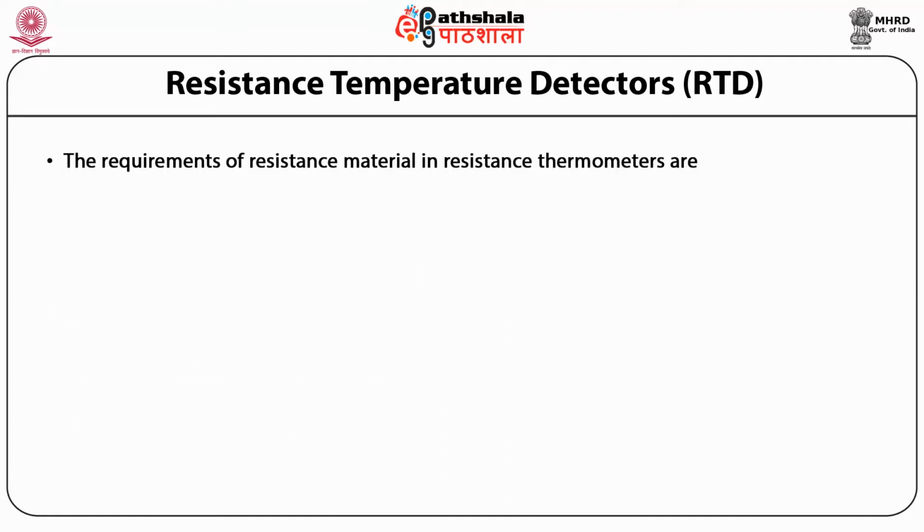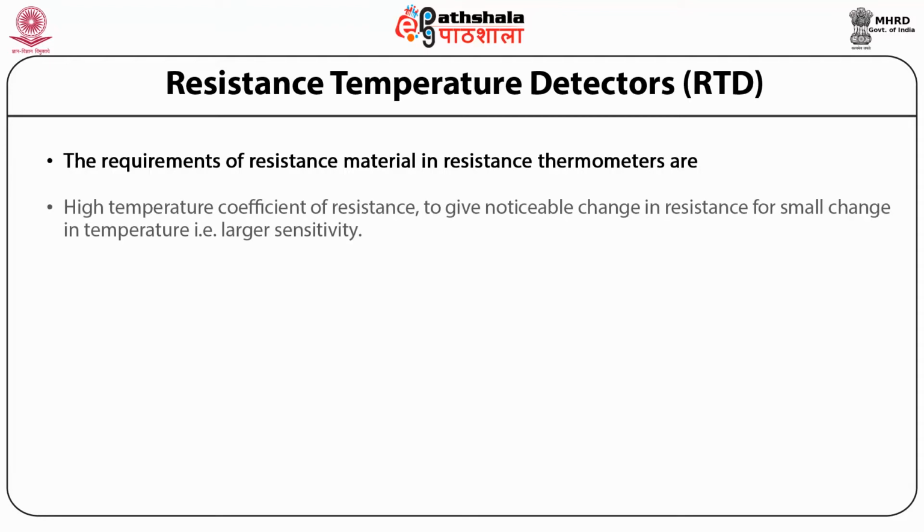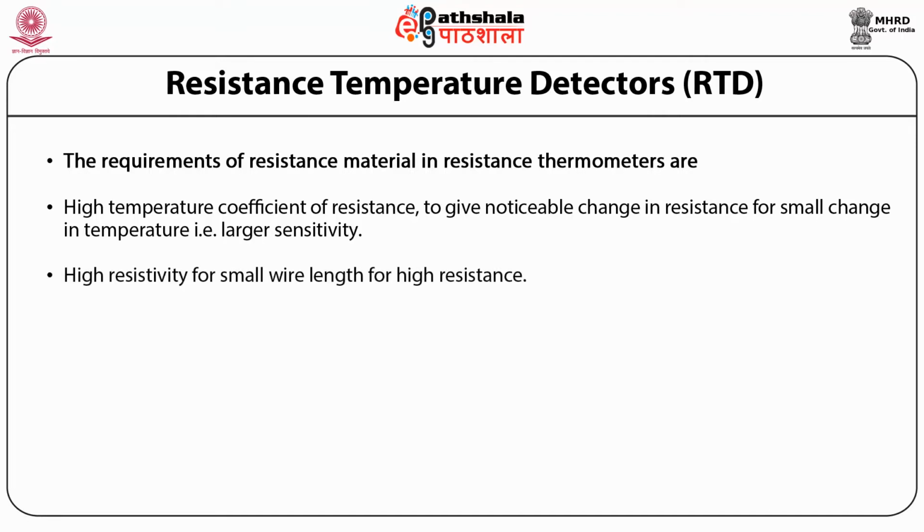The requirements of resistance material in resistance thermometers are: first, high temperature coefficient of resistance to give noticeable change in resistance for small change in temperature, that is, large sensitivity. Second, high resistivity for small wire length for high resistance.